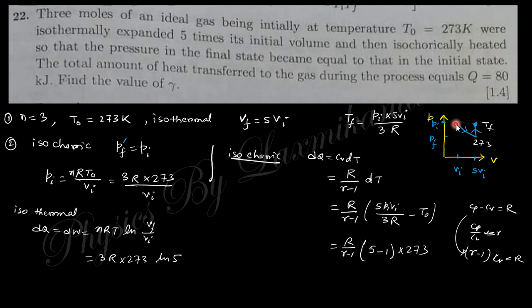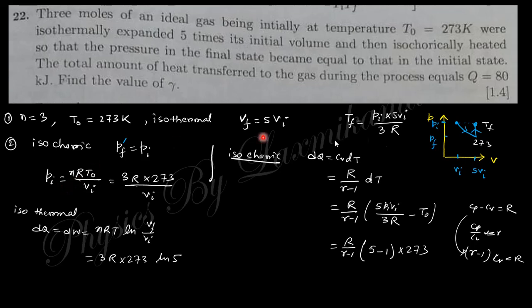So this is the PV diagram. The total amount of heat transferred to the gas during this process is this. So Q is like that, and you need to find the gamma. You need to find the total heat in this process, then equate it with 80 kilojoule, then you can find the value of gamma.